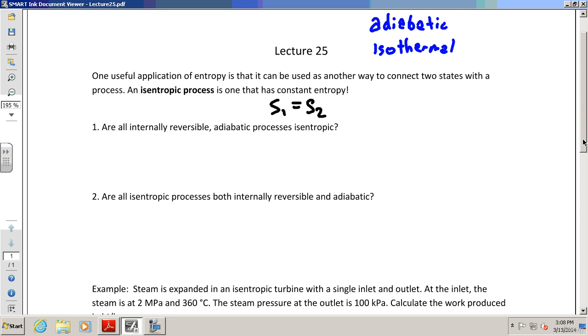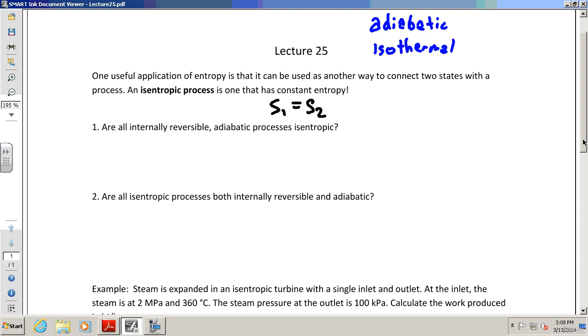So, remember there's two ways in which we can change entropy. Entropy can poof come from nothing, right? How does it poof come from nothing? Friction. A lot of times that's friction or unrestrained expansion of gases, things like that. Or entropy flows with heat, right? Okay. So here's the deal. Are all internally reversible adiabatic processes isentropic?